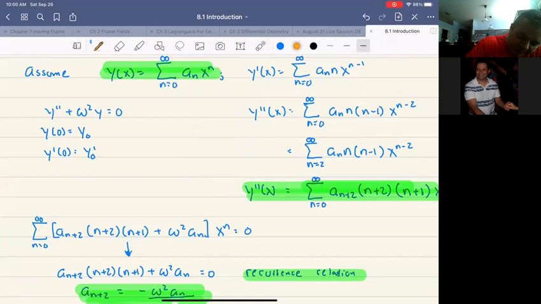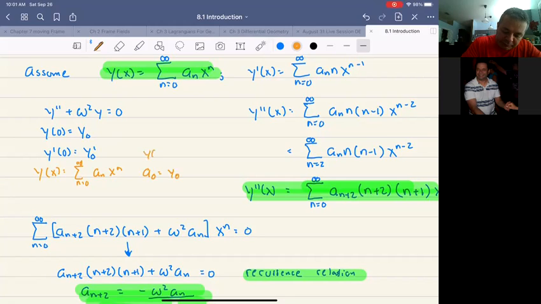And so y of x equals the sum, n goes from 0 to infinity, a sub n x to the n. Again, where x equals 0, that means we're just going to be left with the a sub 0 term, right? So a sub 0 equals y0.